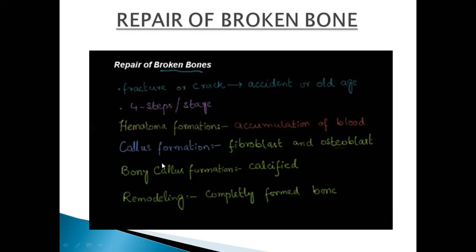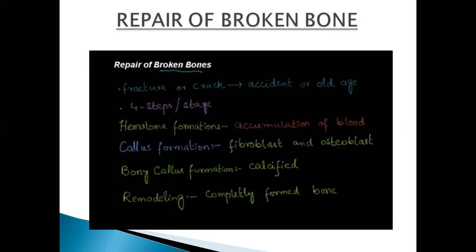What happens in callus formation? Fibroblast and osteoblast formation occurs here. The soft callus begins to form in 3 to 4 weeks. This process, the callus formation, starts from 3 to 4 weeks after the injury.